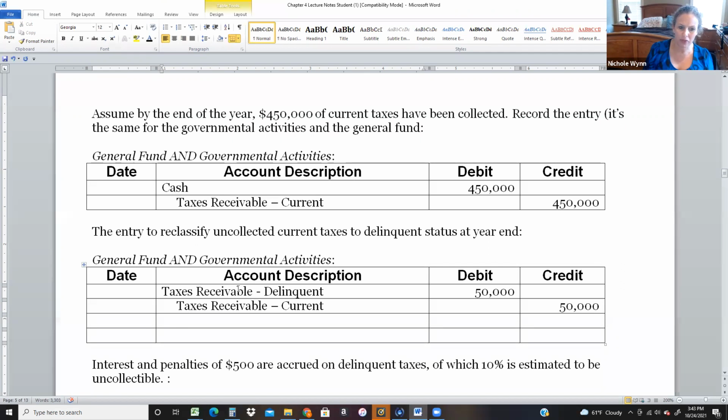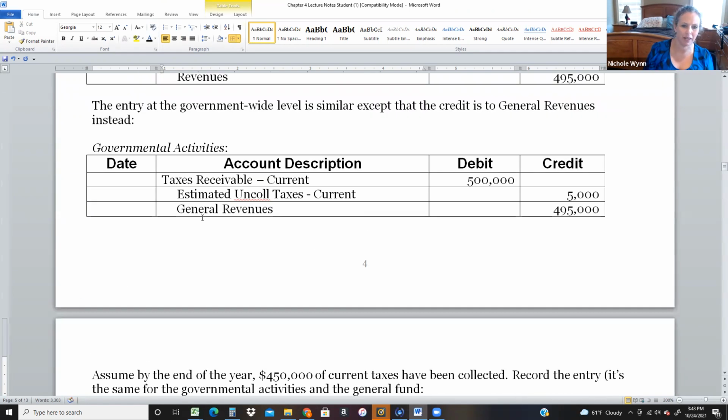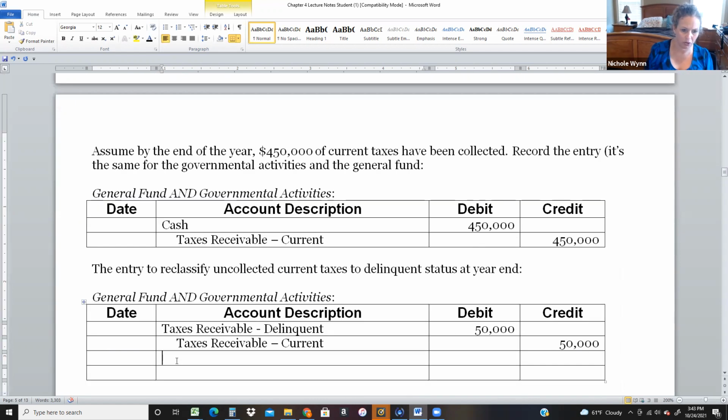But when I move the taxes receivable, I'm also going to move the estimated uncollectible to delinquent. Right now, estimated uncollectible taxes dash current has 5,000 in it, and I want to get rid of it. So I'm going to debit estimated uncollectible taxes dash current and credit estimated uncollectible taxes dash delinquent.